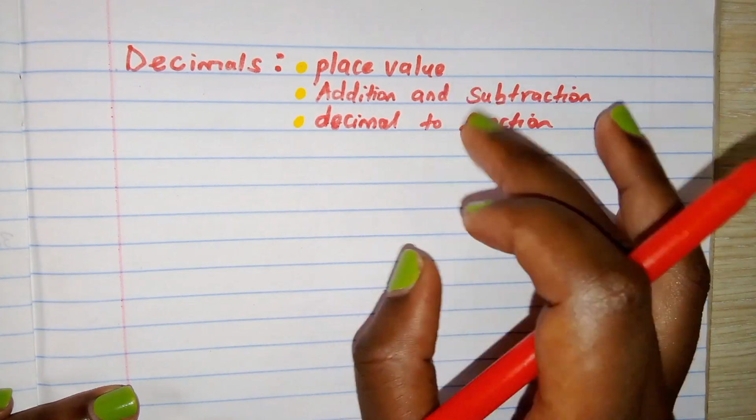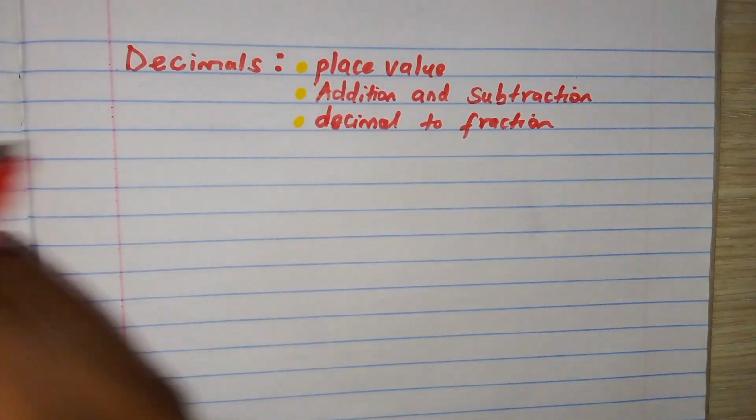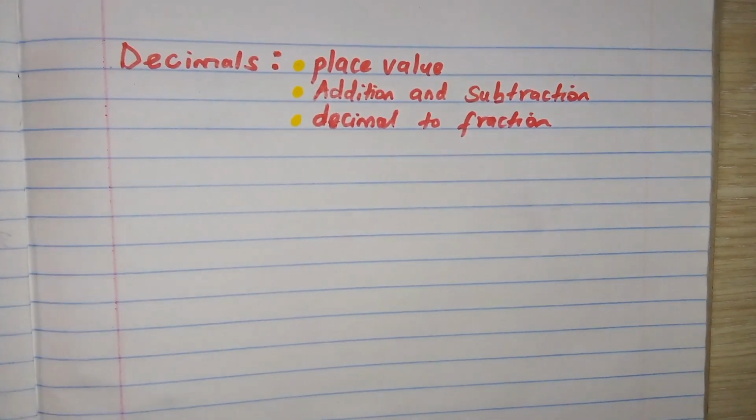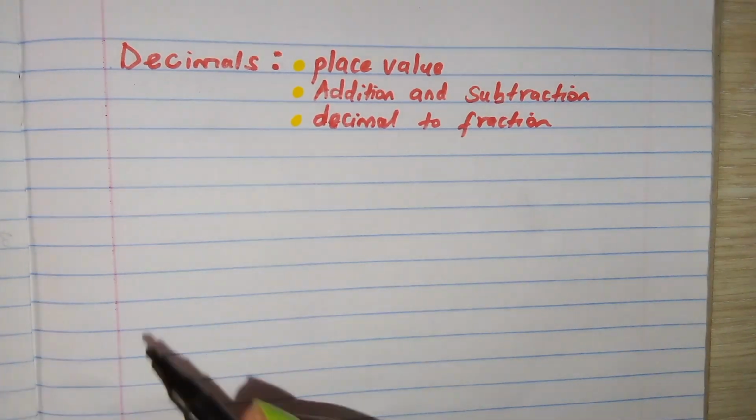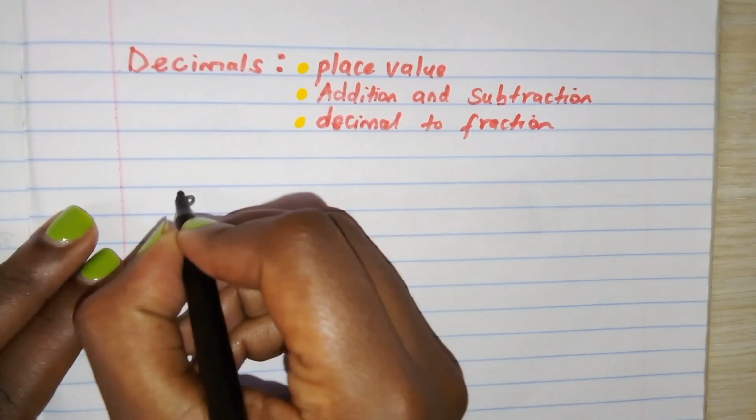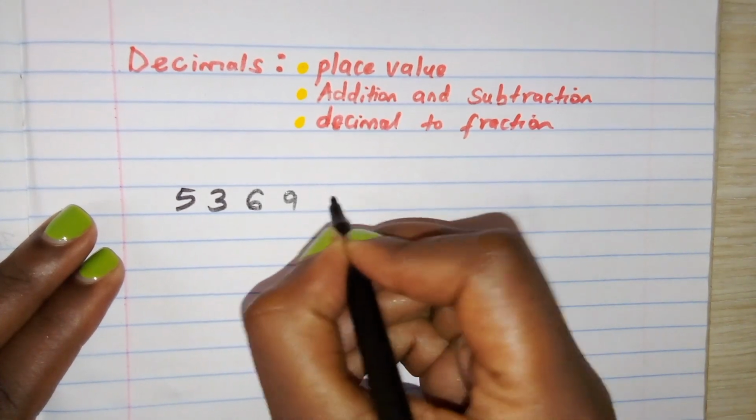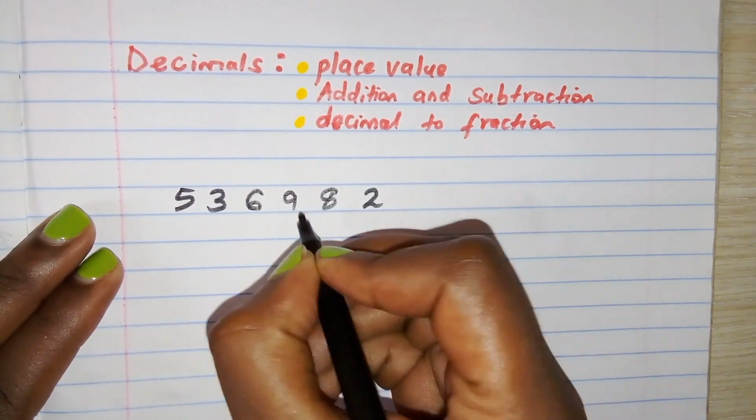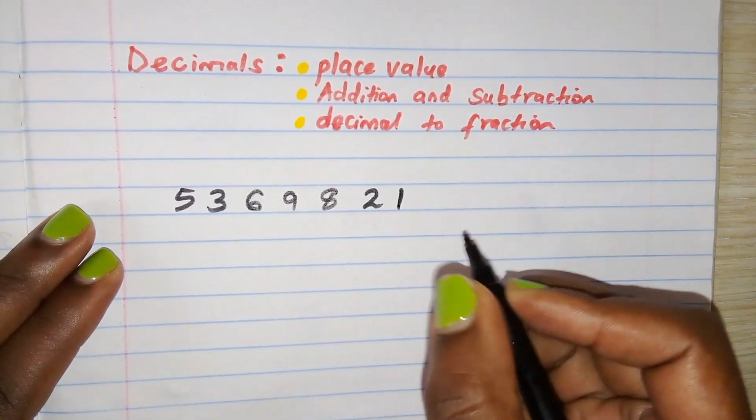We'll start with place value, but before that, I want us to recap the place value of whole numbers. For example, you have 5, 3, 6, 9, 8, 2, 1.